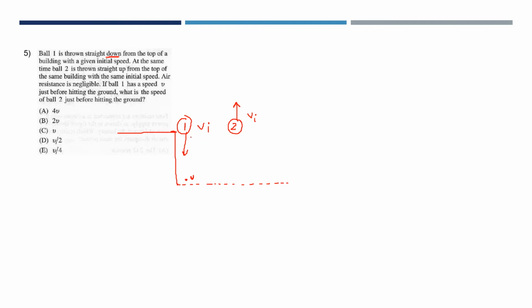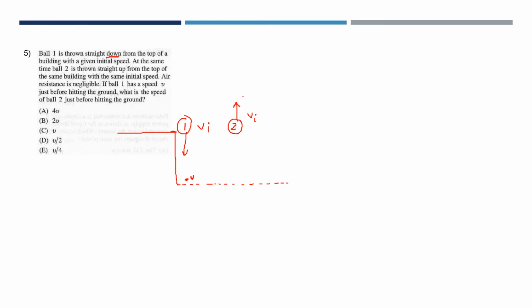We have ball 1 started to gain velocity as it moves downwards. It's gaining velocity, it's moving with gravitational acceleration. So ball number 1 at this point has a greater value for velocity than the initial velocity. What about ball number 2?